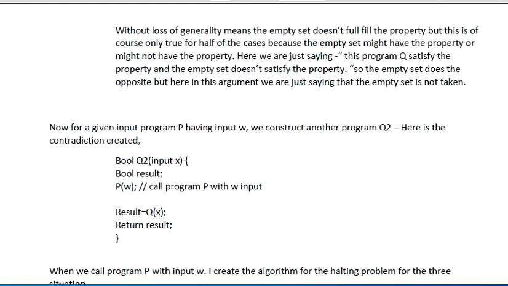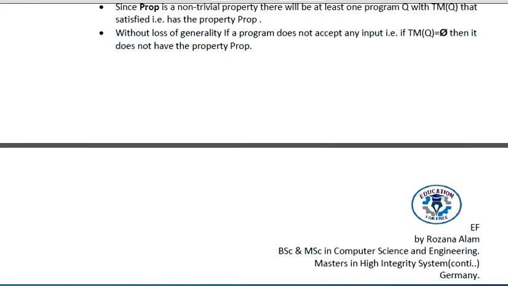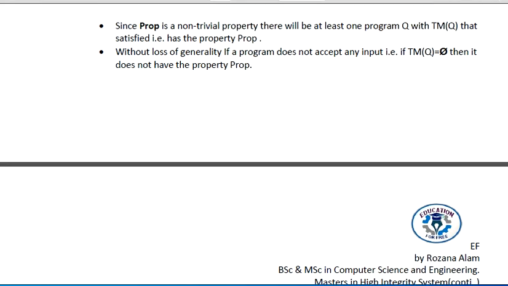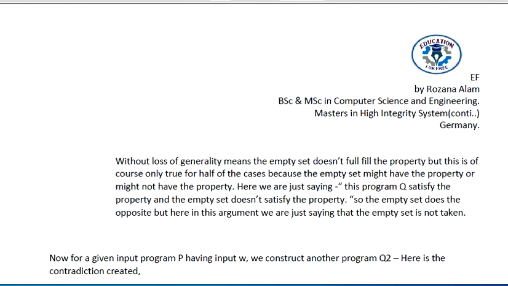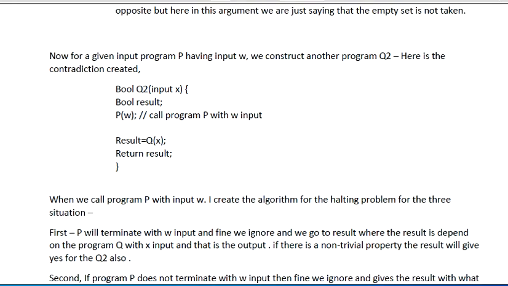Just before, I said that Q will decide if there is a non-trivial property: program Q will satisfy it and return yes. And if it does not accept any input, then TMQ is saying just fine and it will return no. So the result in the second program, Q2, will return no matter what is happening with the program P with W input.